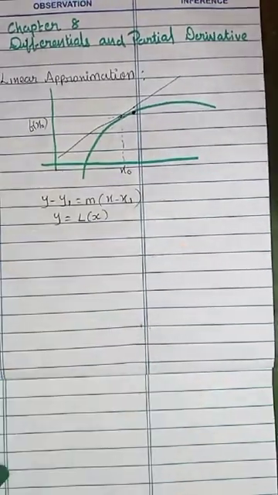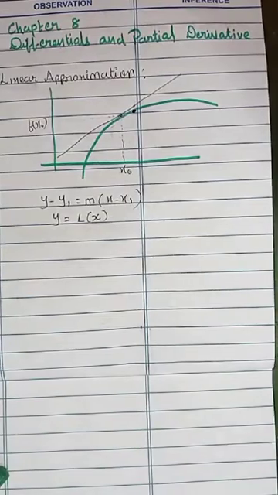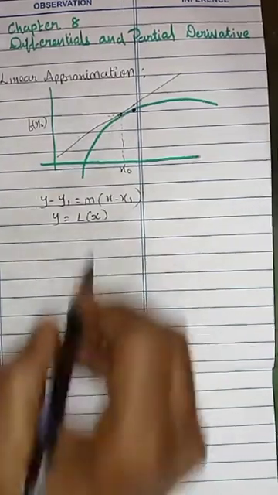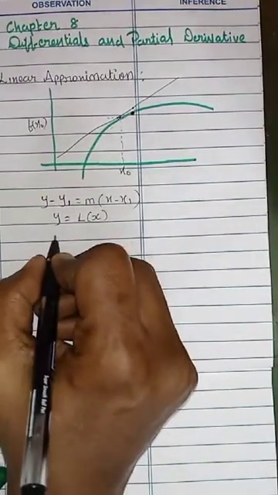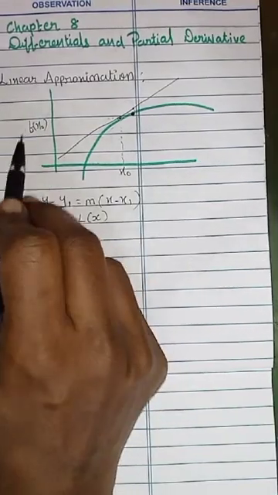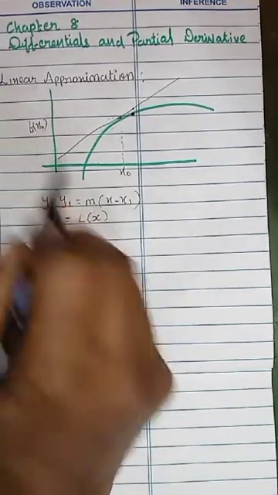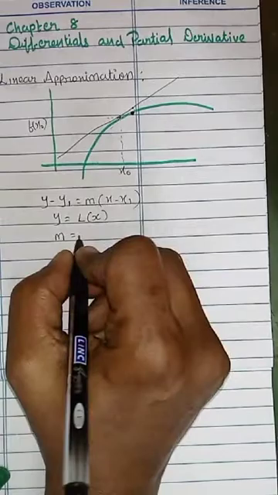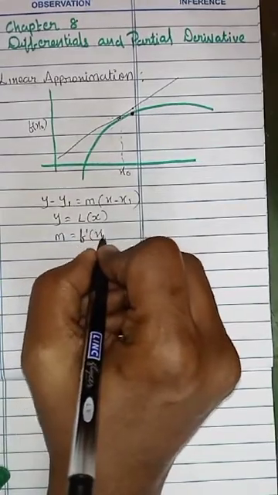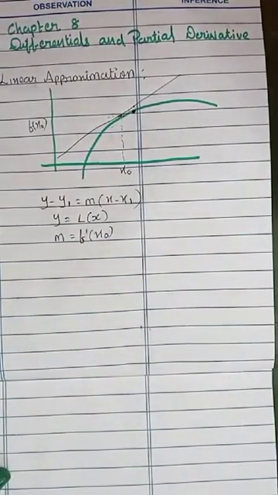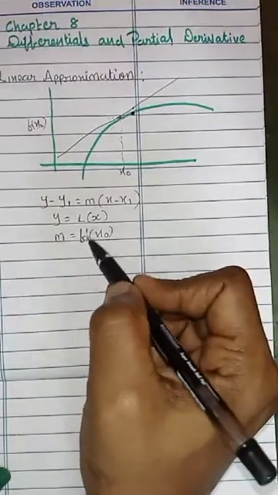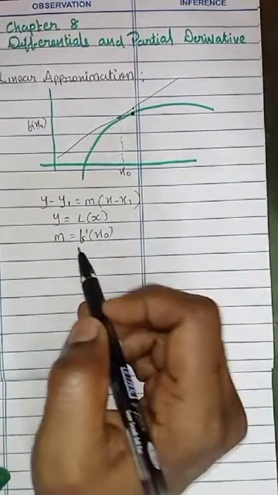What is meant by L of x? Linear approximation. Next, m is your slope. If we differentiate f of x naught, we get f dash of x naught. Is that okay? Now we are going to substitute these values in the above equation.